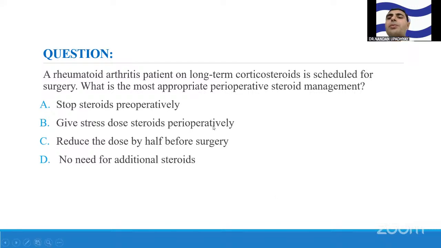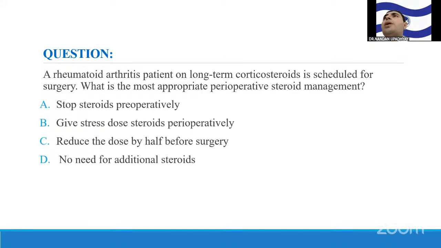So yes, not most, all participants have given the right answer. B, give stress dose steroid perioperatively. There are many formulas available in different textbooks, but the one we follow here is according to the surgery: major, moderate, or minor. In a minor case, we give just 100 milligram of glucocorticosteroid on the day of surgery.